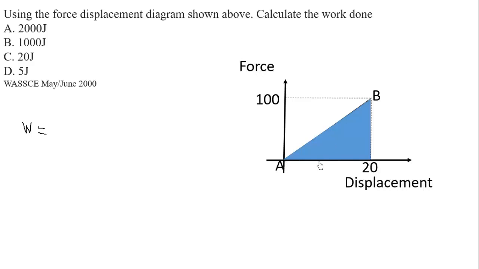So we need to find the area of this triangle, which is half base times height. The base is 20 units and the height is 100 units.